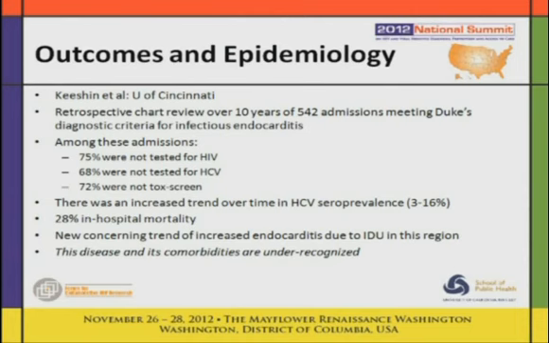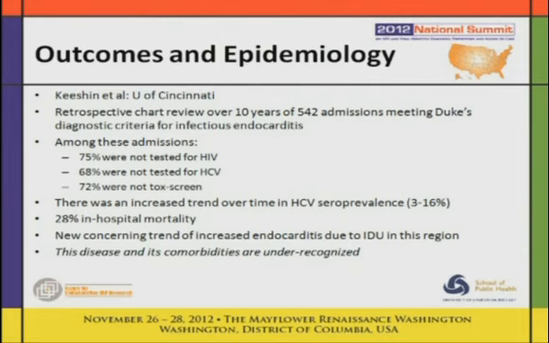Amongst these individuals, what was disturbing was that so many were not tested for HIV or hepatitis C, and so many of these individuals did not even have tox screens to identify their substance use as a reason for their admission and their underlying mortality.